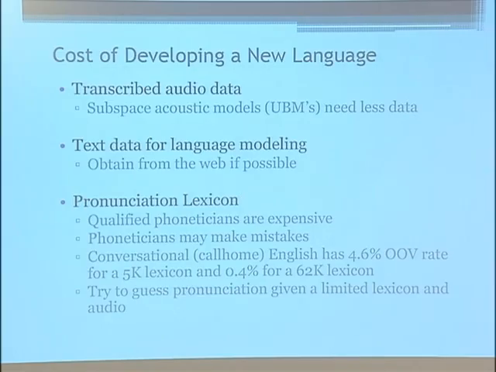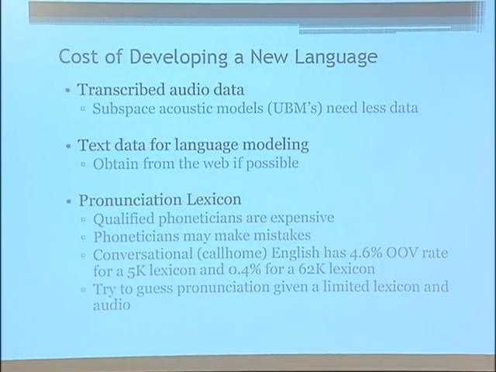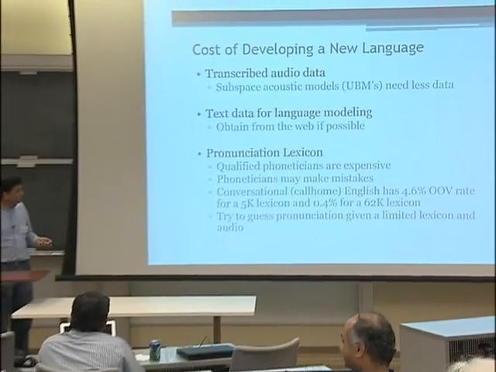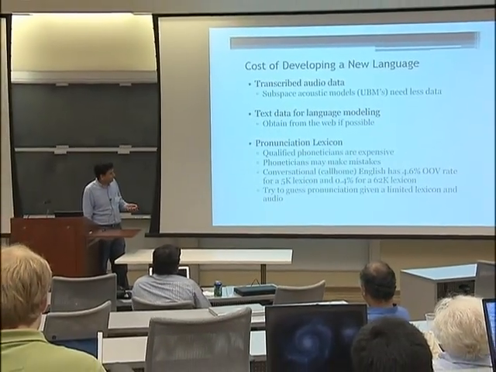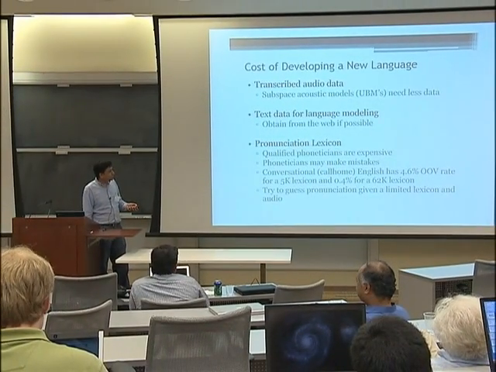And one problem in that, especially for languages which are not very widely used, is that qualified phoneticians are very expensive and very hard to find, and even if you find someone, they make mistakes. I don't think they'll agree that they make mistakes. Right. We do need a large lexicon.